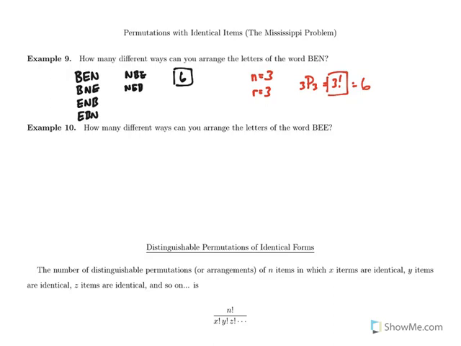Now let's think about the letters of the word BEE. Well, similarly, we have B, E, E. Let's call this E1 and E2 to differentiate between them. B, E2, E1, that's something different.